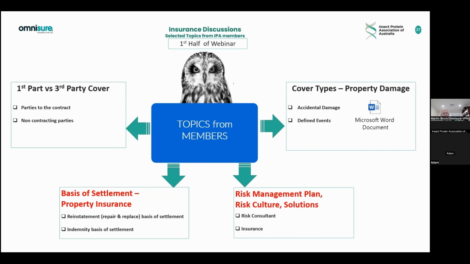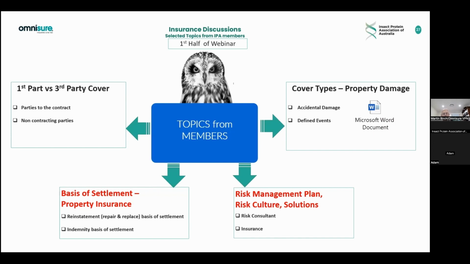So they will take into account wear and tear. This is the pointy end, and if the unsuspecting insured doesn't know this, there's going to be a clash of expectations.